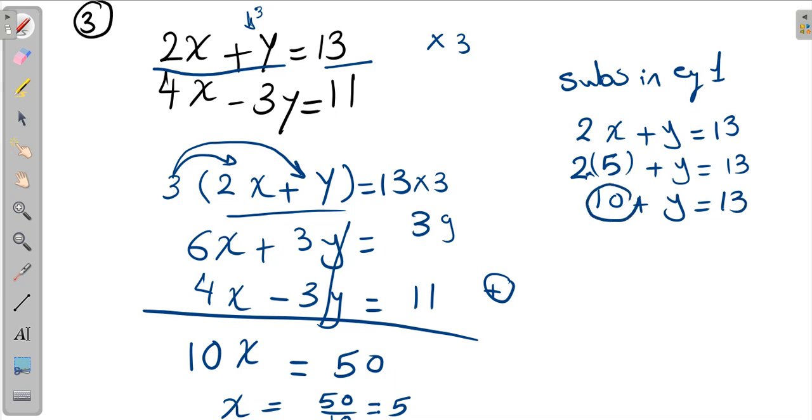Send 10 to the other side by subtraction. y equal 13 minus 10 equal 3. Then x equal 5 and y equal 3.